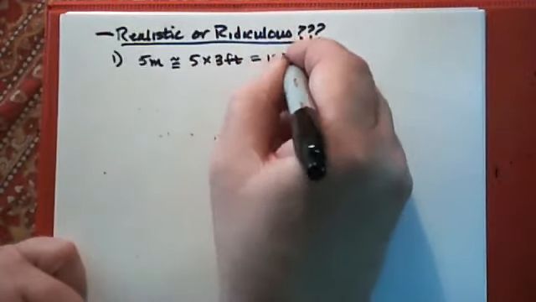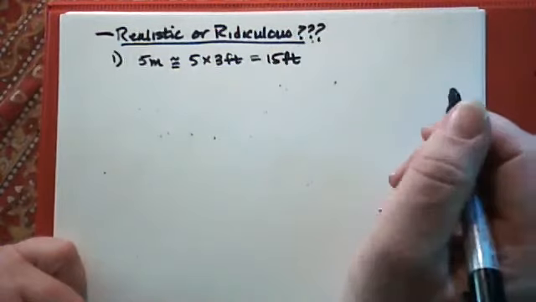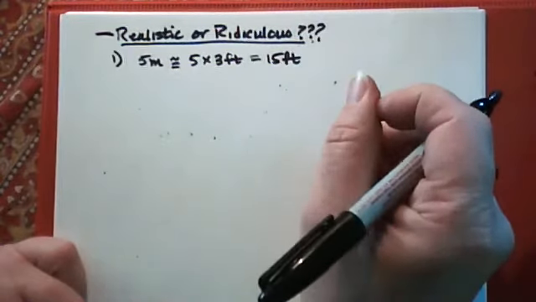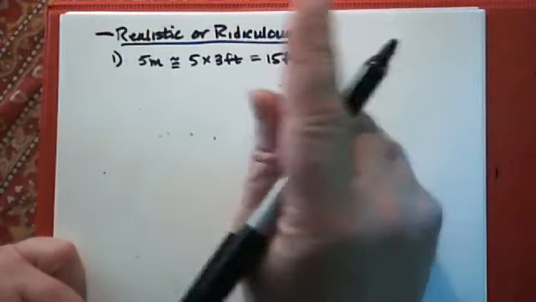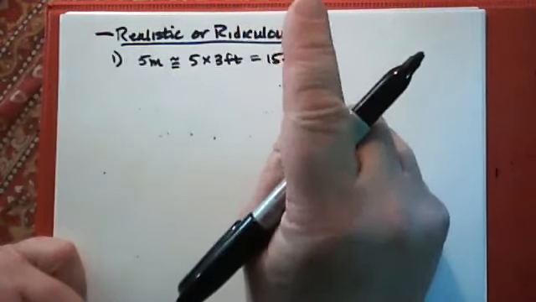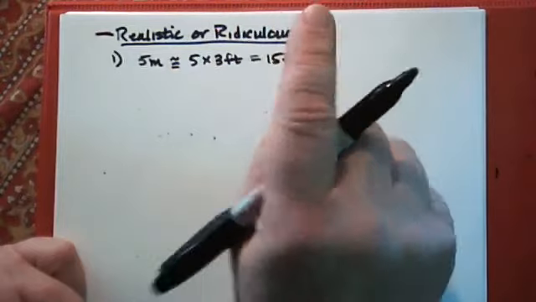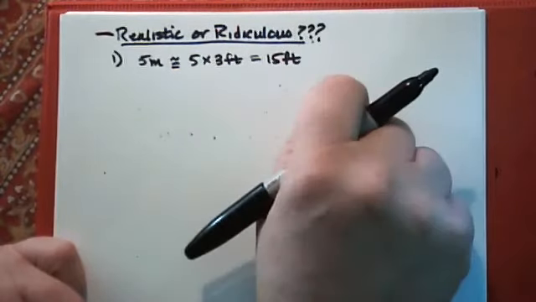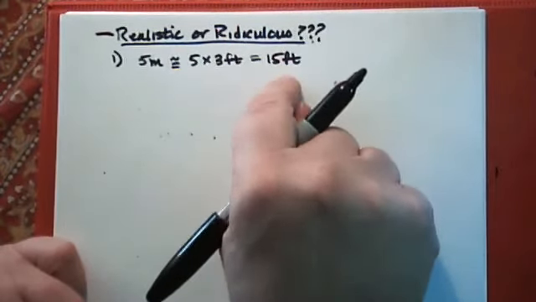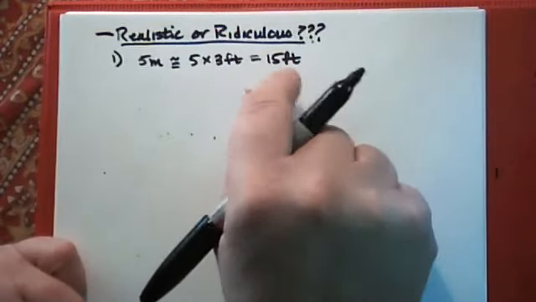And that would be 15 feet. While 15 feet is a perfectly reasonable size for a statue, the question does say that it's a life-size statue. Now, even Abraham Lincoln wasn't that tall. So, I mean, he wasn't even half that tall. So that is ridiculous.